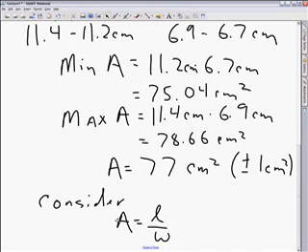To get the minimum value for A, L is going to have to be the smallest value and W the largest value. To get the maximum value for A, L will have to be the largest value and W would have to be the smallest value.